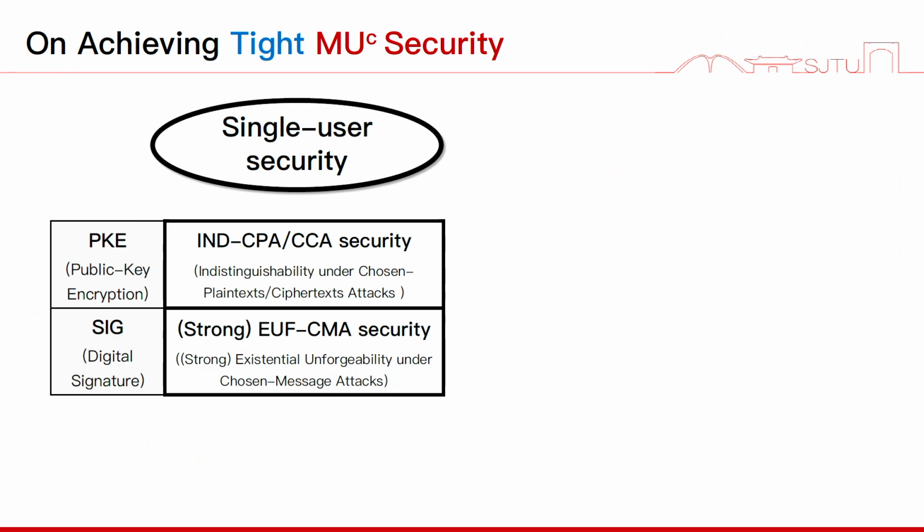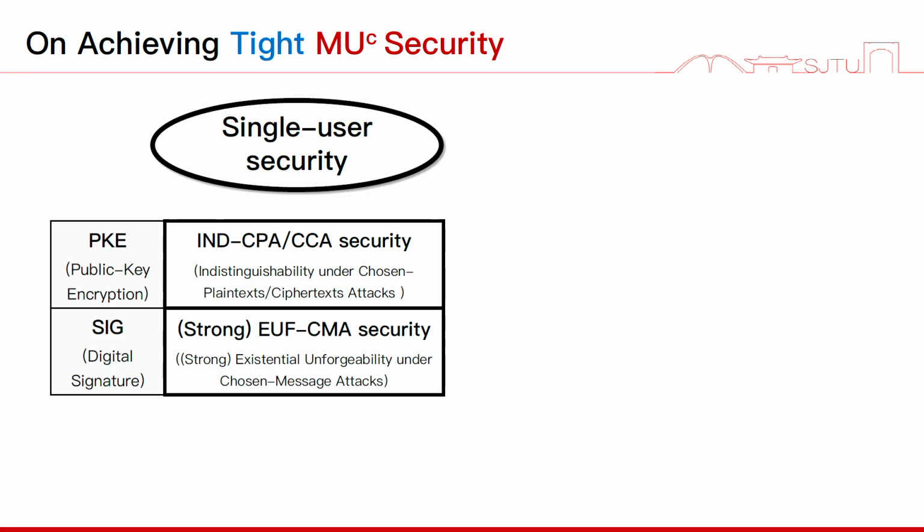It is desirable to achieve tight MUC security. However, in traditional security models, we usually consider only a single user. For example, for public key encryption schemes, we consider IND-CPA and CCA security.